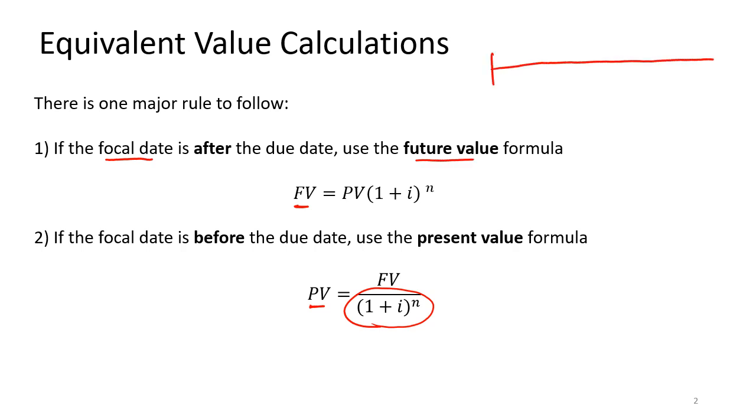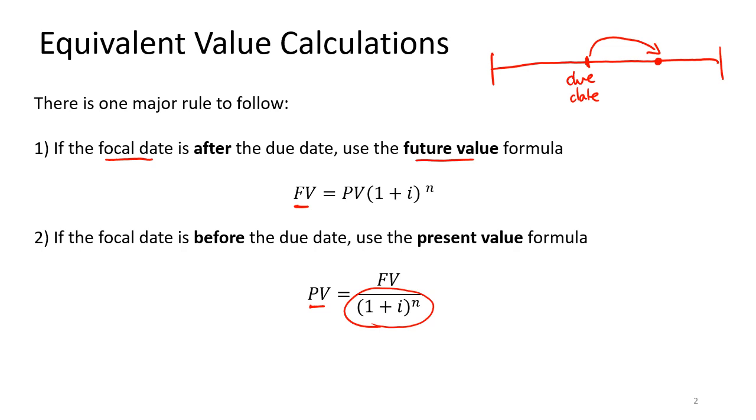So picture back to our graph. If this is the point in time where you are, your due date, and the date you're looking at is somewhere in the future, you need to go from your present value to the future value. Now, if you're looking in the past, a good example of that would be student loans.